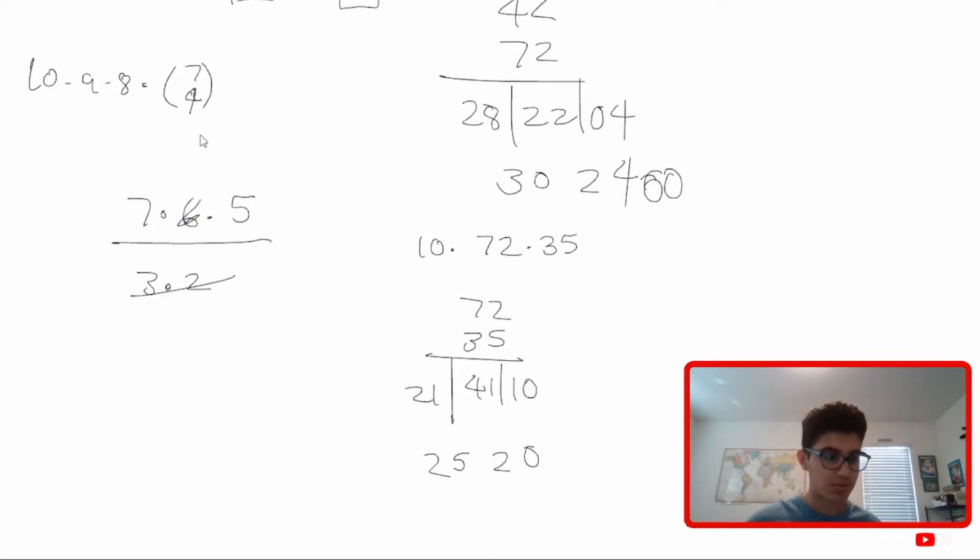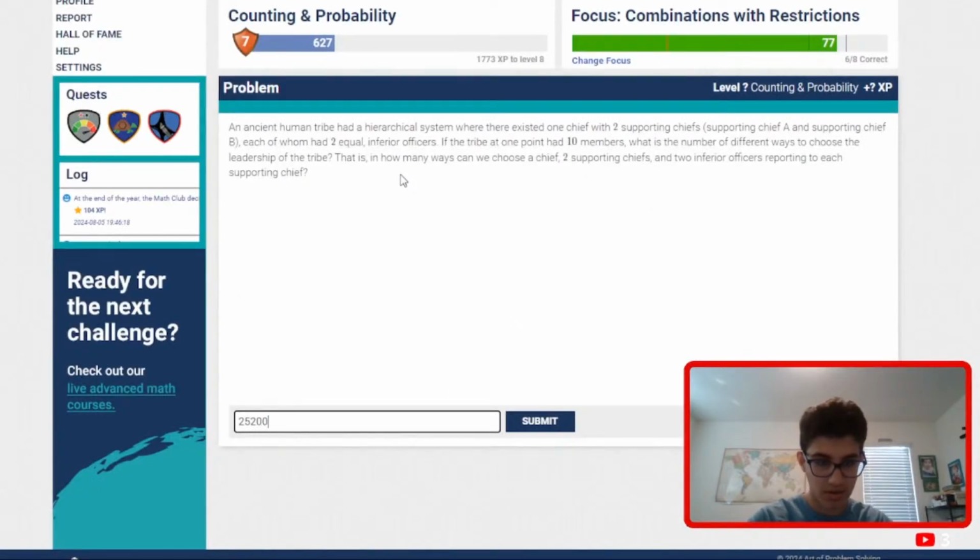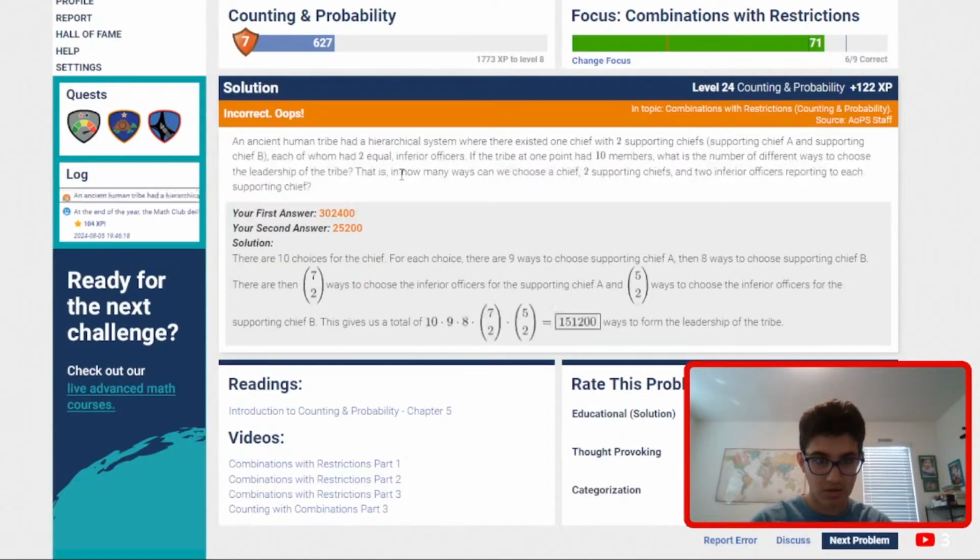You just pick the four people because none of them matter anyway, right? So that's what I'm doing here. Sorry, when you multiply 9 times 8 and this 7 choose 4, you end up getting 2520, and then you multiply that by 10. So 25200. That's probably also wrong.